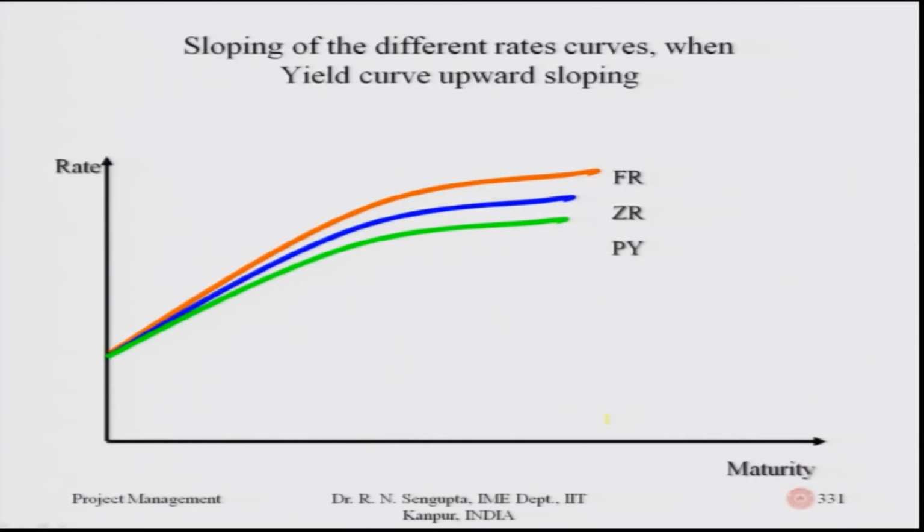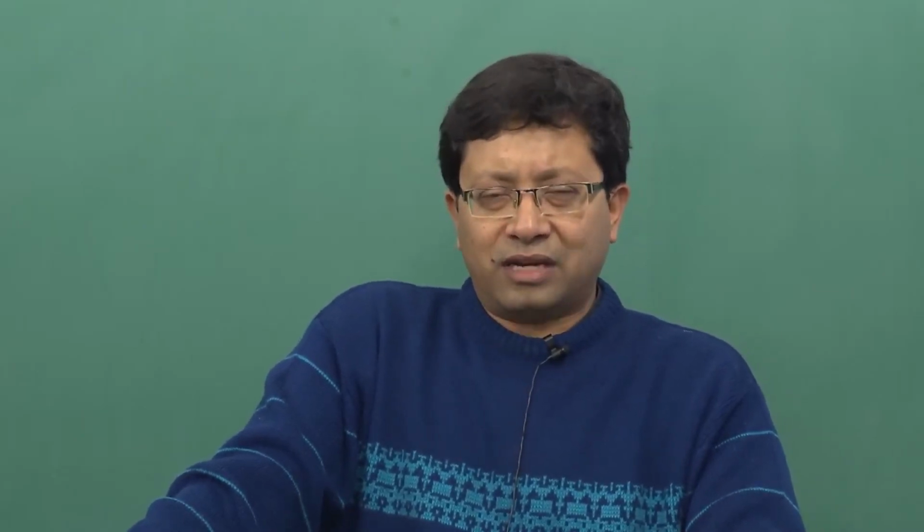Based on this formula, you can find out all the values in the third column of the table just shown. The table was the 329th slide, where the first column has the years, the second column the 0 interest rate, and the third column the forward rate. Those forward rates can be calculated considering the formula, the year and the 0 interest rate.